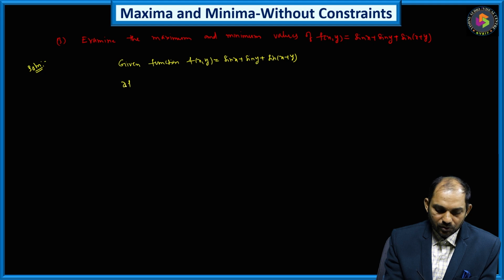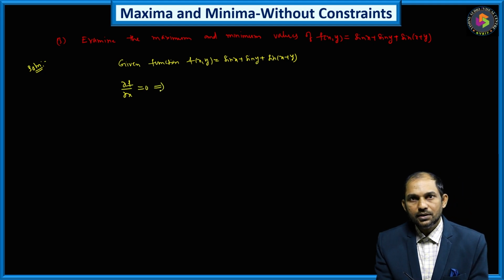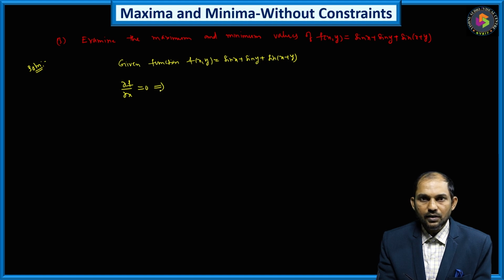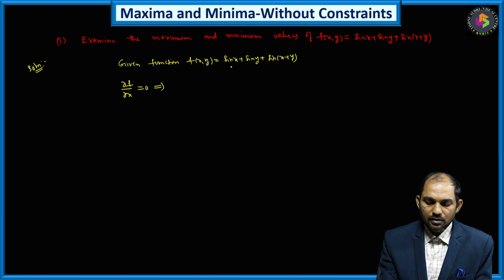We compute dou f by dou x equal to 0. Whenever you differentiate partially with respect to x, the other variable is treated as constant. The derivative of sin x is cos x, the derivative of sin y is 0, and the derivative of sin of x plus y is cos of x plus y, and the inner function's derivative with respect to x is 1, equal to 0.